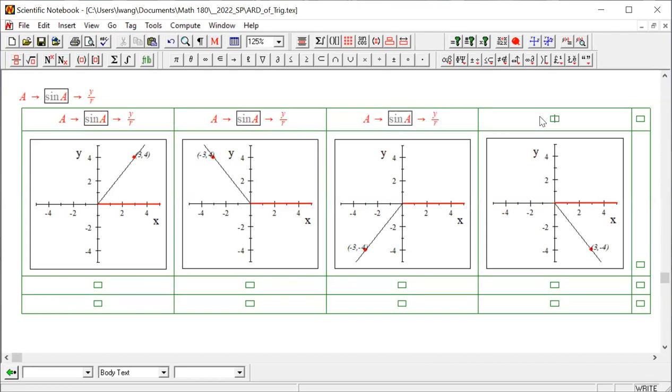Sine. In the first quadrant, sine is y over r because y is positive. And in the second quadrant, y is positive, and in the third and fourth, y is negative.